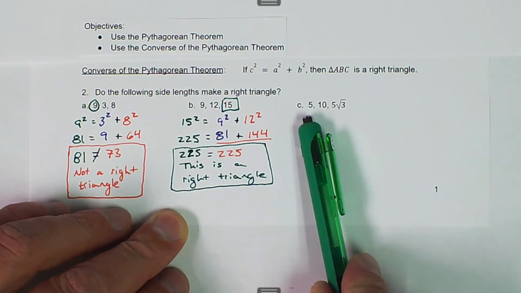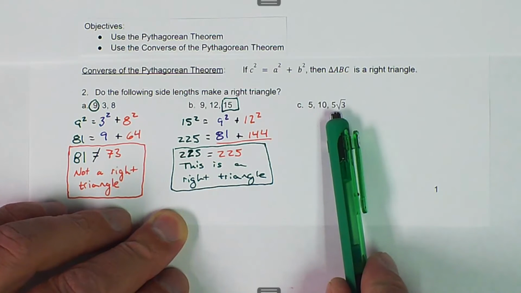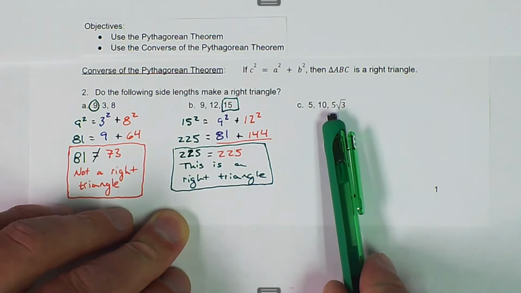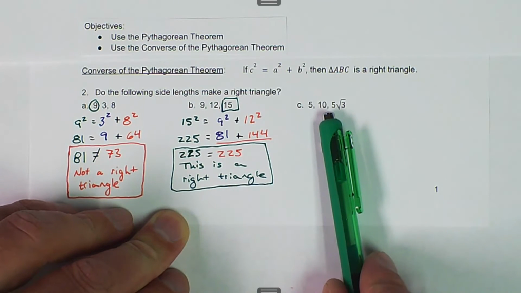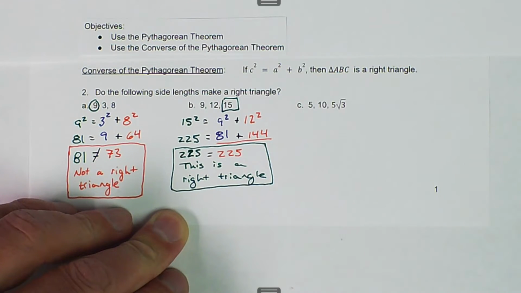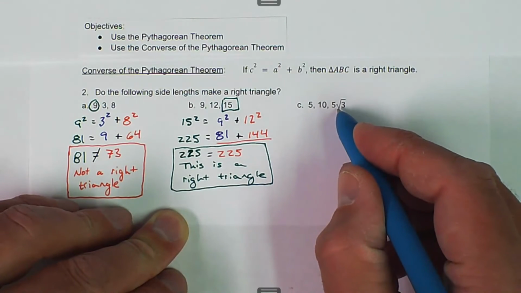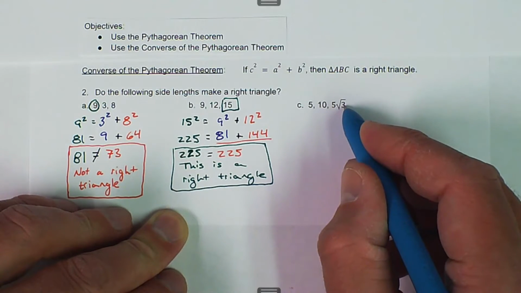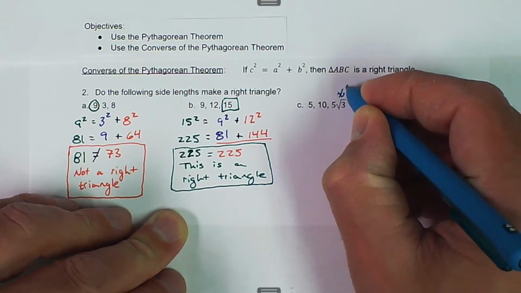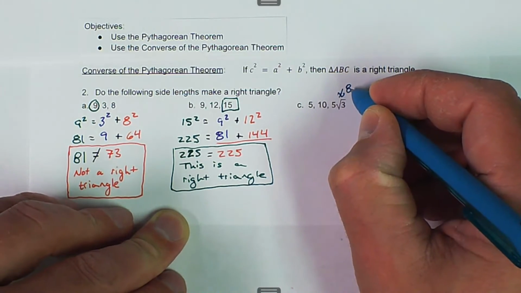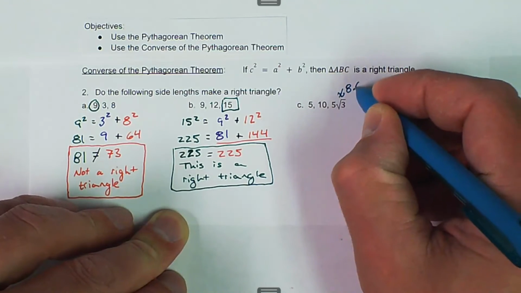So we have 5, 10, and 5 times the square root of 3. First things first, we need to check to see which one would be the hypotenuse. So we can multiply this in our calculator. 5 times the square root of 3 is approximately 8.66.